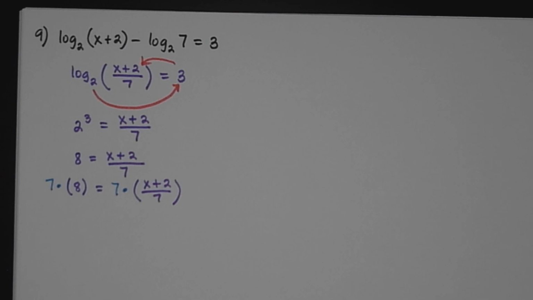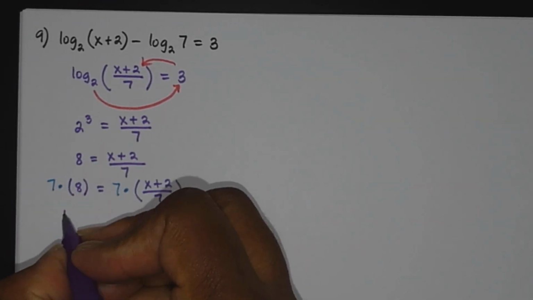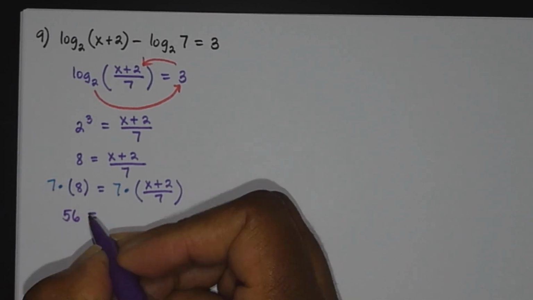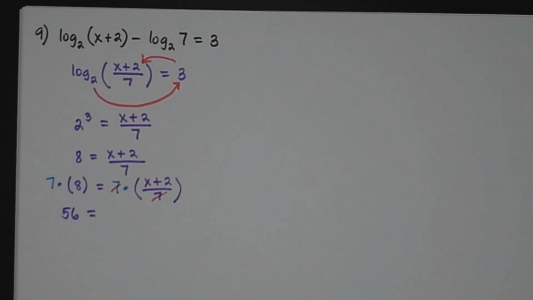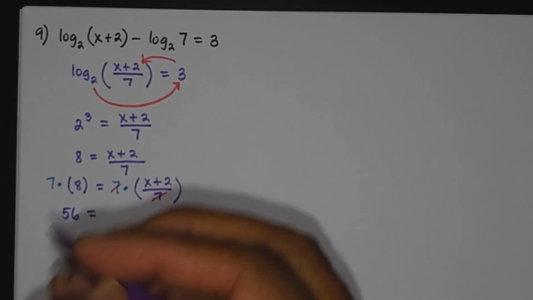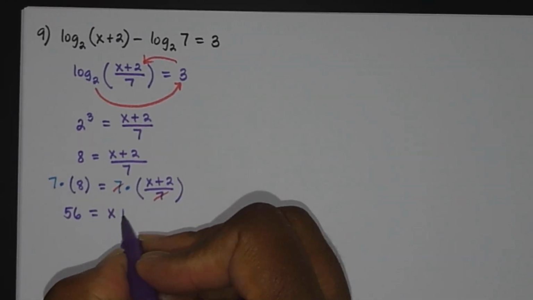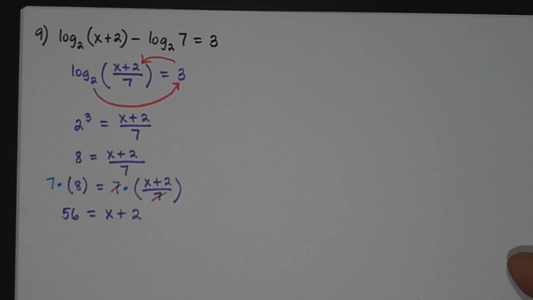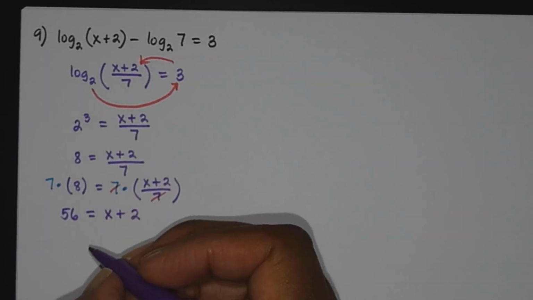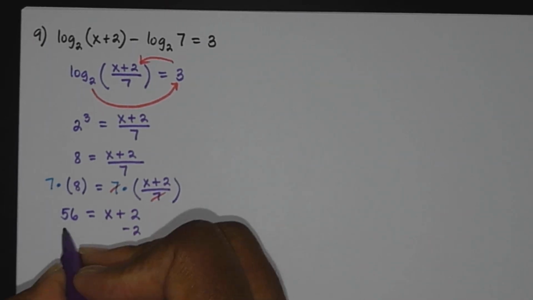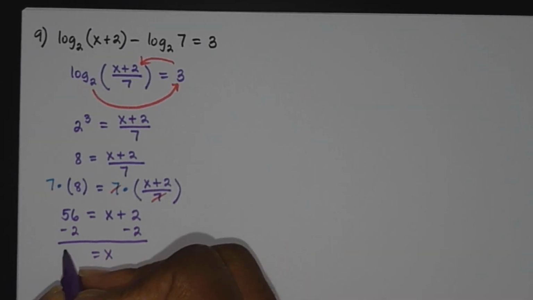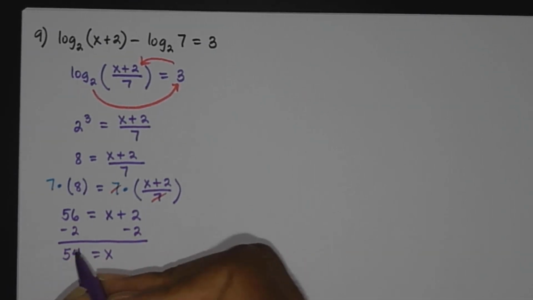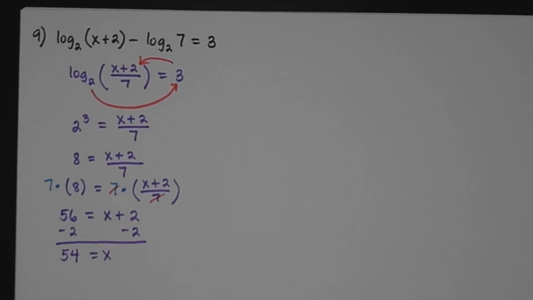On the left side, 7 times 8 will be what? 56. And then that's equal to x plus 2, because these 7s divide out. So 56 is equal to x plus 2, and then to solve for x, I need to subtract 2. So that means x is equal to 54. Now that's my proposed solution.